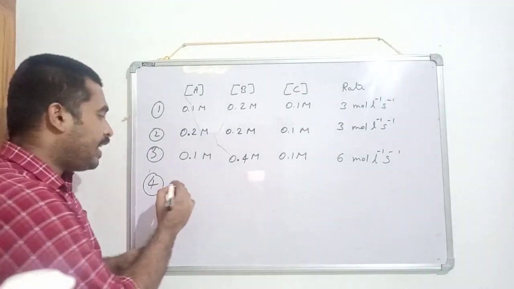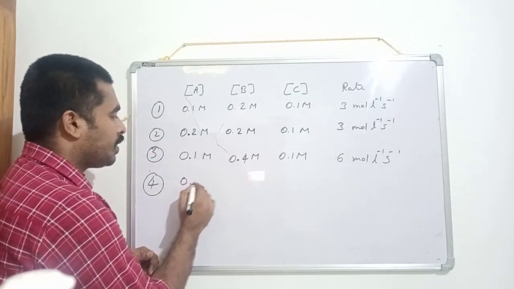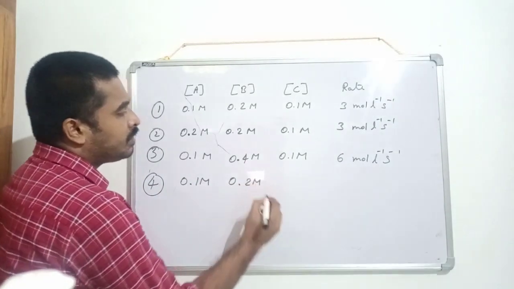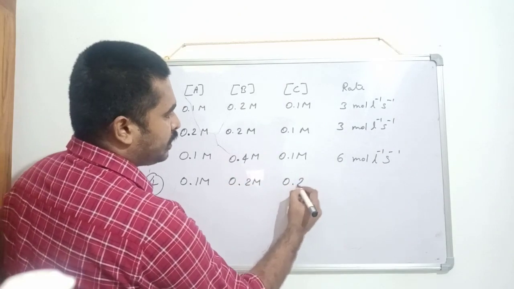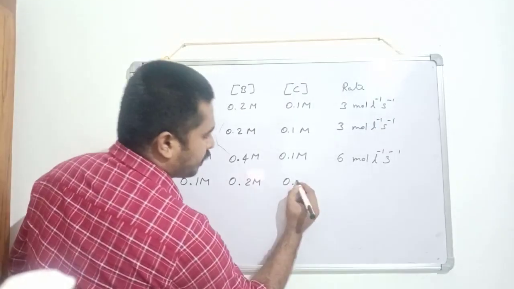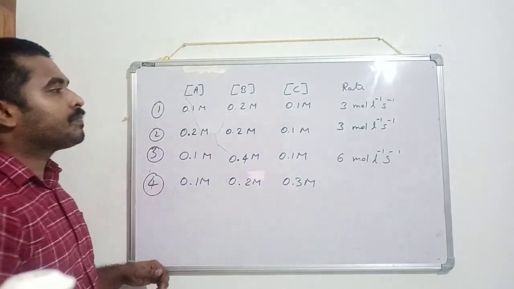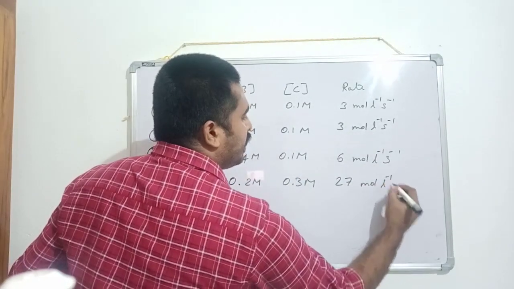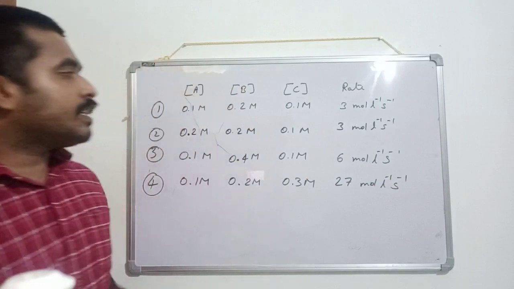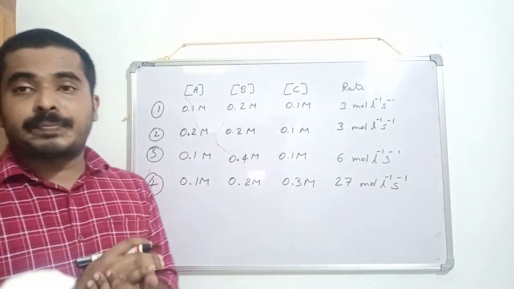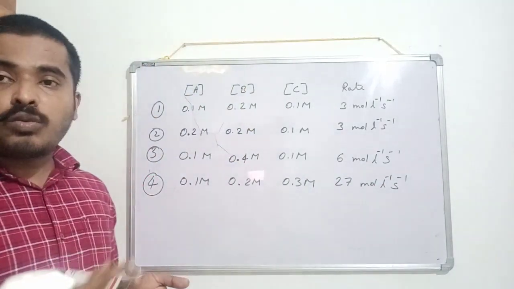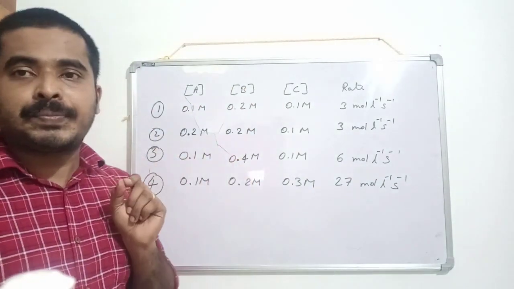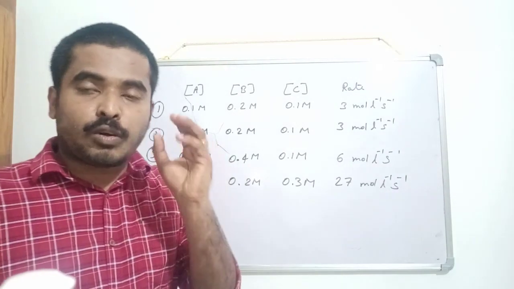Here concentration of A is 0.1 molar, 0.2 molar and 0.3 molar. It becomes 27 mole liter raised to minus 1, second raised to minus 1. Question is, find out the rate law expression, find out order and find out the unit of rate constant.